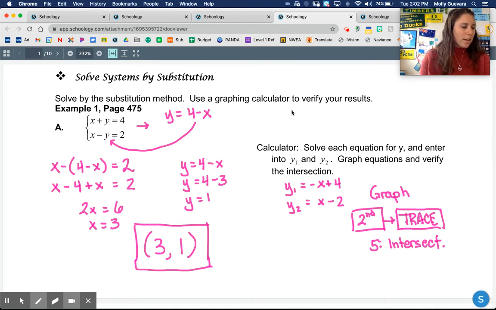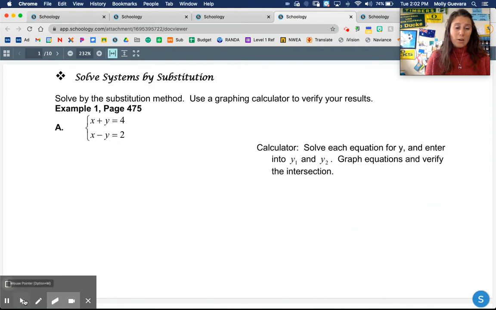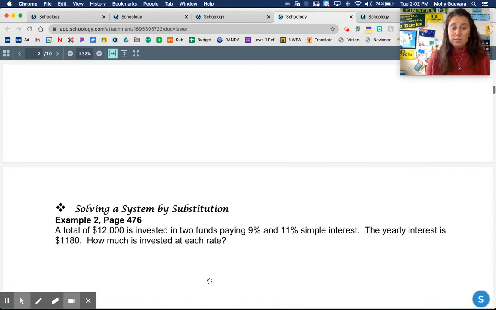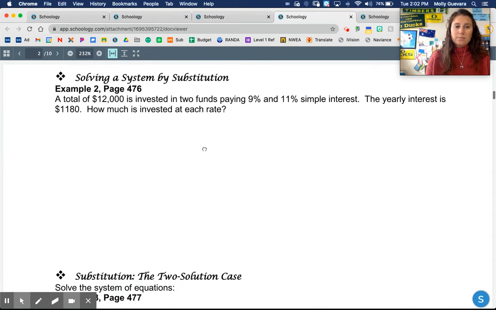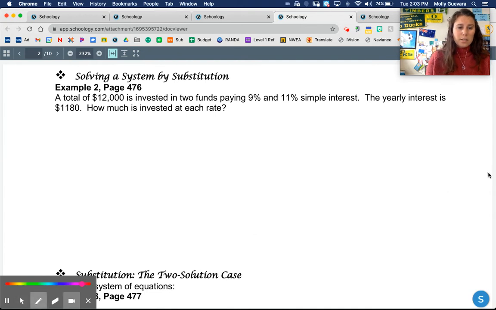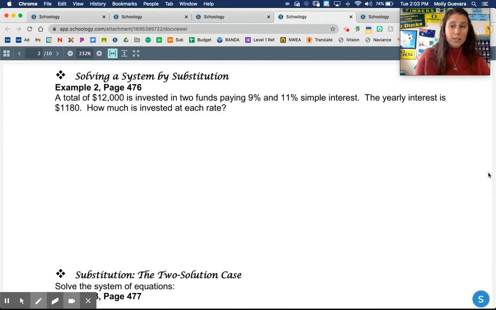Okay, so now let's look at how we actually use these more in real life, and maybe some, like, okay, what if they're not linear? Okay, so solving the system by substitution. A total of $12,000 is invested in two funds paying at 9% and 11% simple interest.